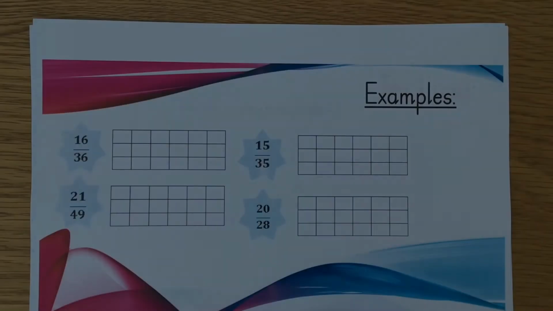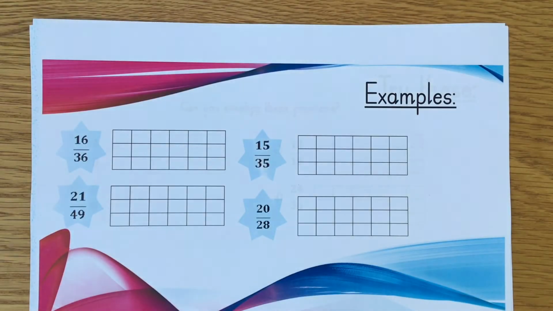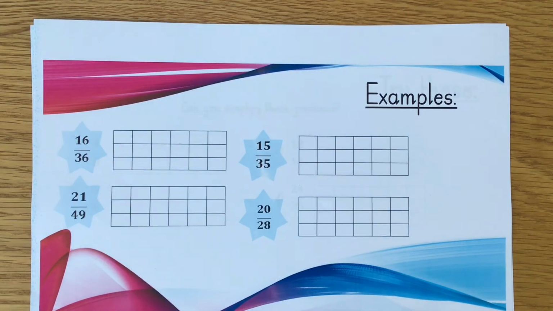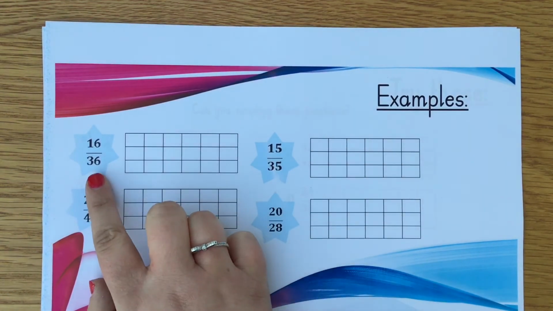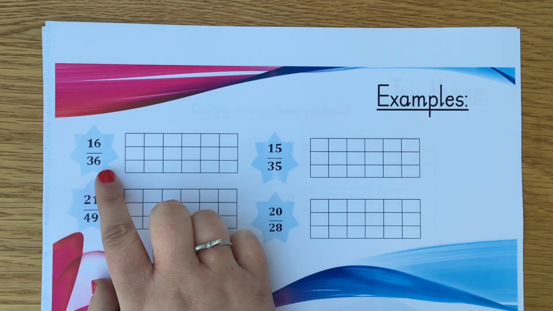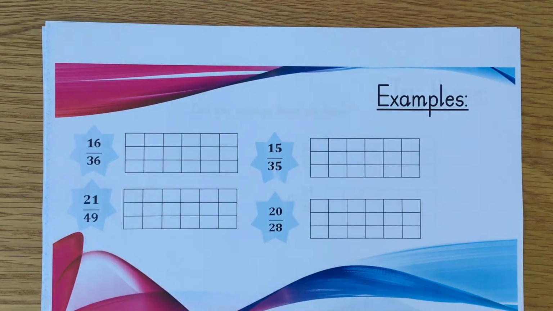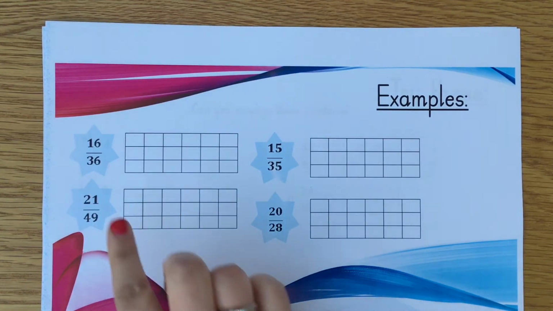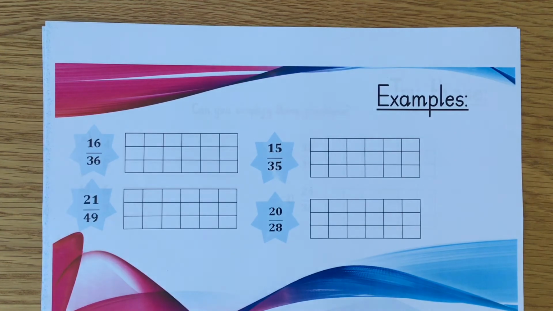Okay, let's have a look at some examples then. So for the first one, I've got 16/36. Okay, so in this first example, I've got 16/36. Now, I'm looking for a number that goes into both 16 and 36.